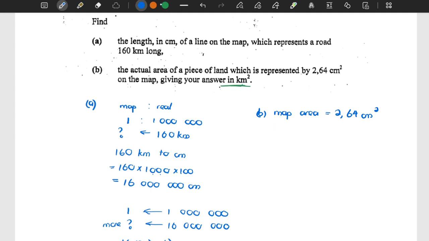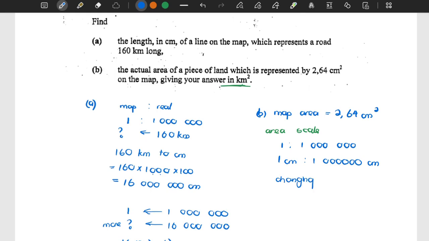So we need to find area scale. So for the distance scale, we have 1:1 million, which is the same as saying 1 centimeter represents 1 million centimeters in reality, right?